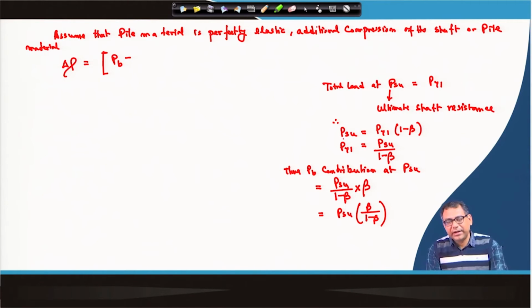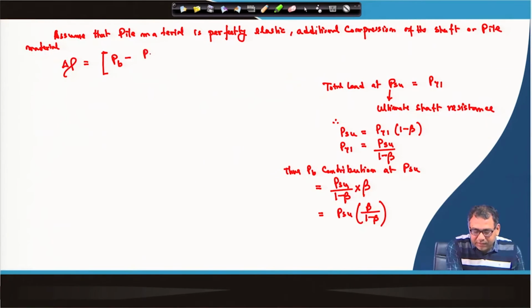So, I can express the total load in terms of the ultimate shaft resistance as P S U divided by 1 minus beta, and the contribution to the base will be beta times this total load. Okay. So, we have to subtract this P B contribution at P S U, because that will not create any effect on the pile material compression, or the additional compression. So, we have to subtract P S U beta by 1 minus beta.